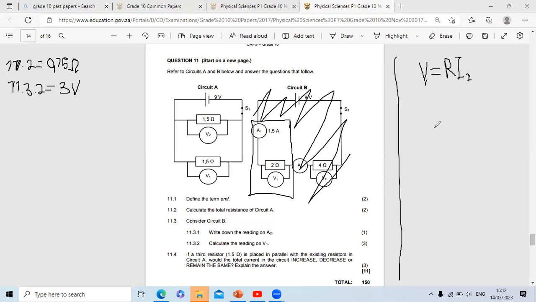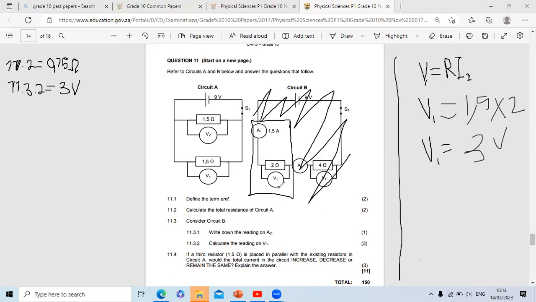So can you try it? Okay. Is that right? Exactly. Exactly.